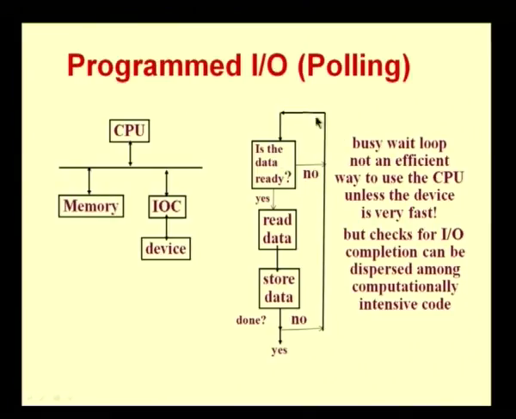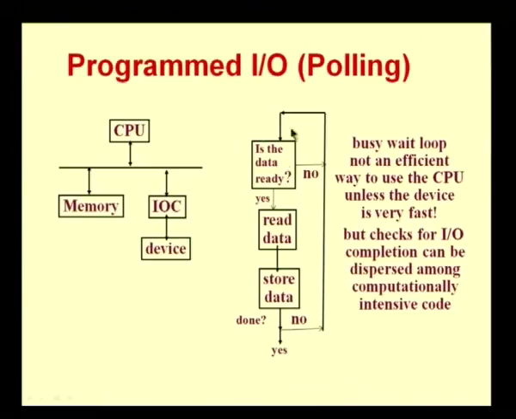So, if the data is not ready, it is in a busy wait loop, which is not an efficient use of the CPU unless the device is really fast. If the data is ready, you read or store the data, and once you are done, you complete; otherwise you go back and check again.